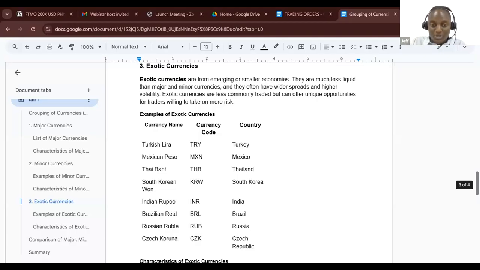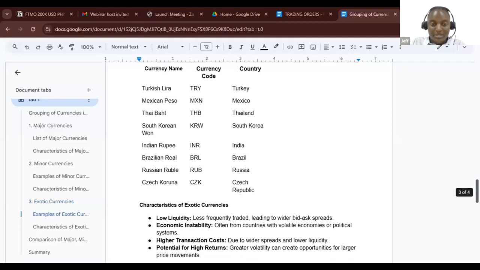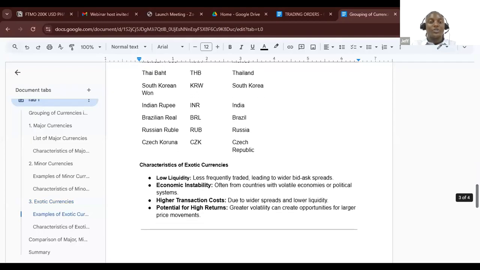So, characteristics of exotic currencies. One is low liquidity. They are less frequently traded, leading to wider bid and ask spreads. Those are the spreads we are discussing. Then you have economic instability, often from countries with volatile economies or political systems.